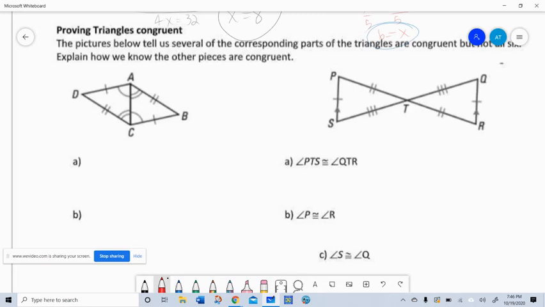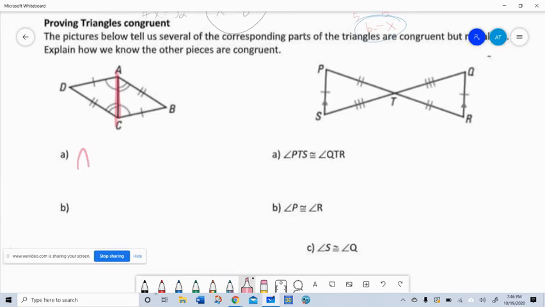What's kind of important here is that you notice that these two triangles share a side right here. And if two triangles share a side, then that side has to be the same because of the reflexive property. Remember the reflexive property? It says that if you have AC on one triangle, that's going to be congruent on the other triangle.